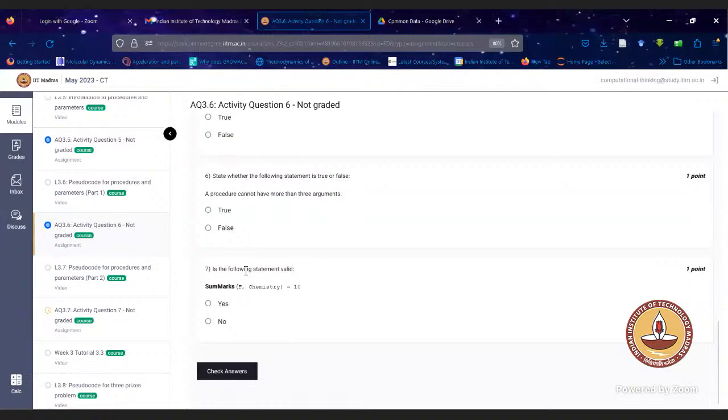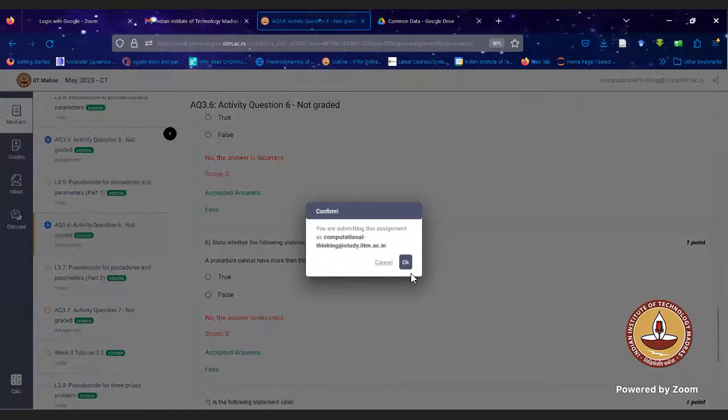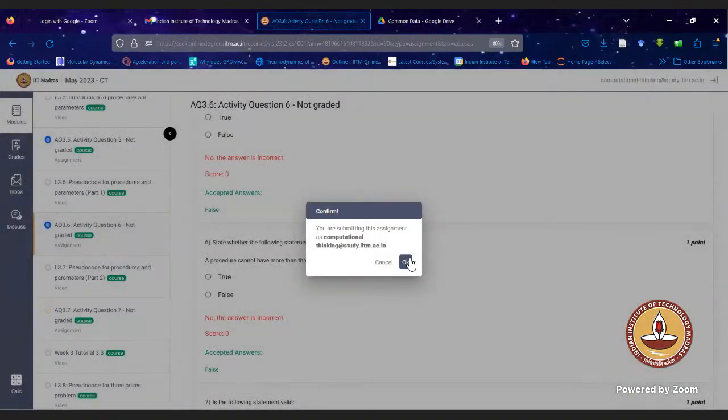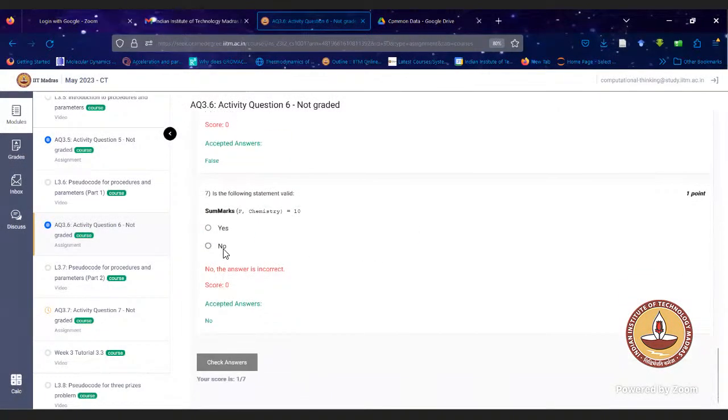Yes. It is wrong actually. Why do you think it is no? Think about the way we call a function. We can store the value of a procedure which is being called into a variable, but you cannot assign a value to a function call, to a procedure call.